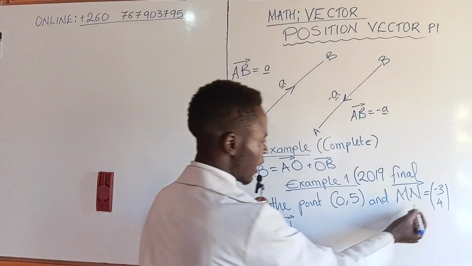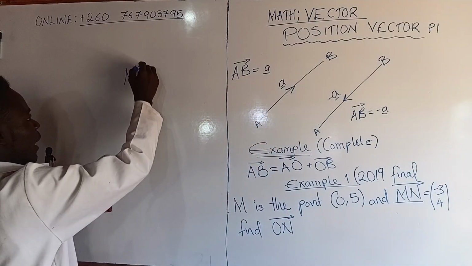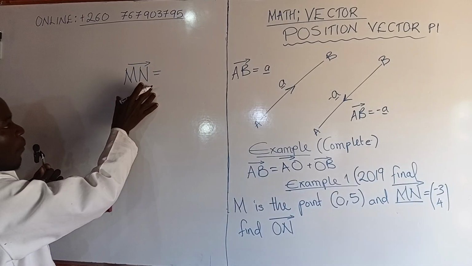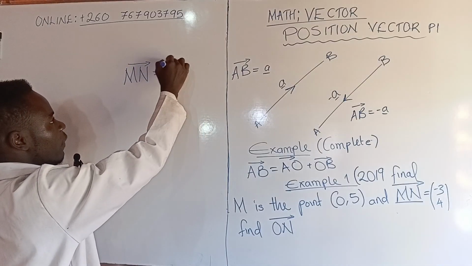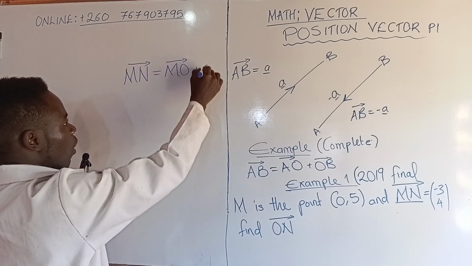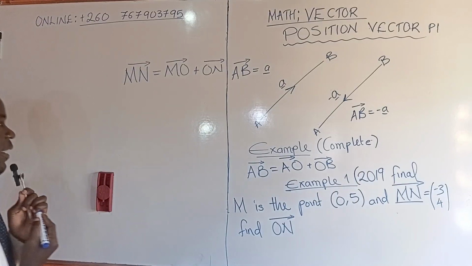We can see it is coming from the source, which is M. The vector is equal to the position vector. We are going to have MO plus ON as our position vector.